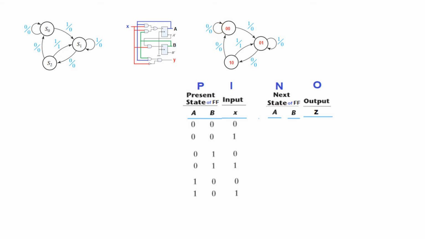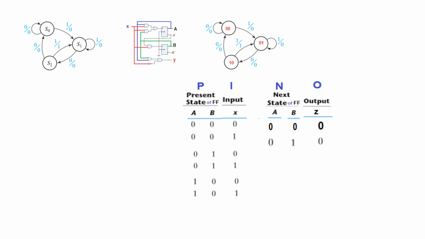We're going back to 0, 0. That means A next will be 0 and B next will also be 0. So we write it like this. And then what about the output z? Now this is also showing the output. The second one is also 0. That means this is the output. You remember this is x or z. So this is also 0, so we'll put a 0 here.